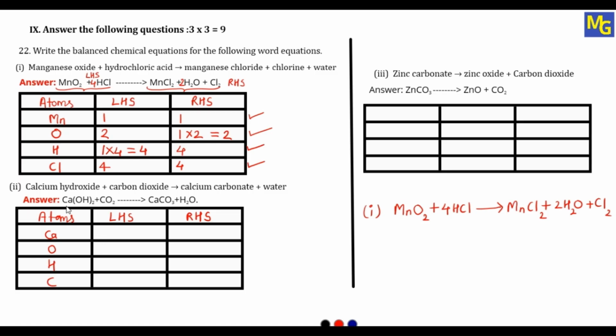On LHS we have only one calcium, oxygens we have total 4, 2 here and again 2 here. Hydrogen we have 2, carbon we have 1. Now go to RHS. Calcium we have 1, oxygen we have 4, 3 from CaCO3 and 1 from water. Then hydrogen we have 2 and carbon we have 1.